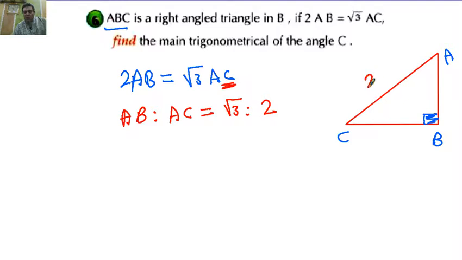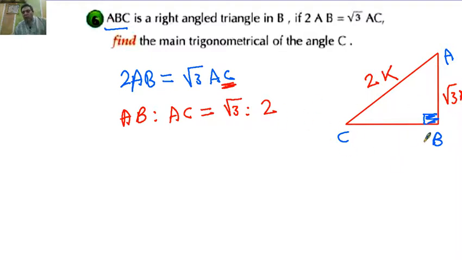AC equals 2, AB equals square root 3. The ratio is 2K and square root 3K.